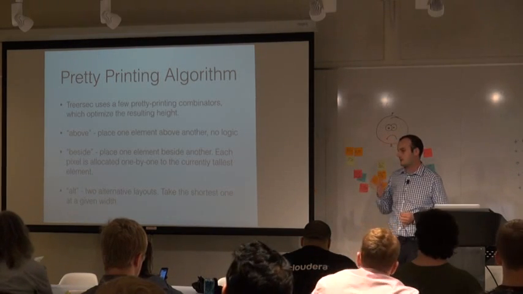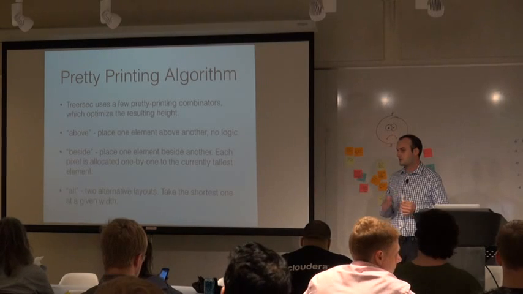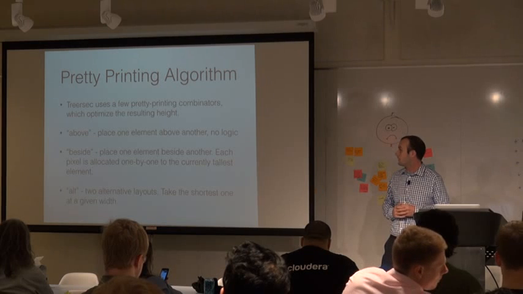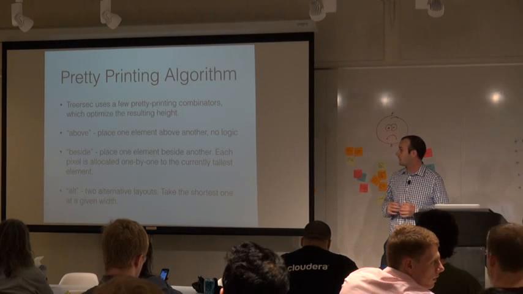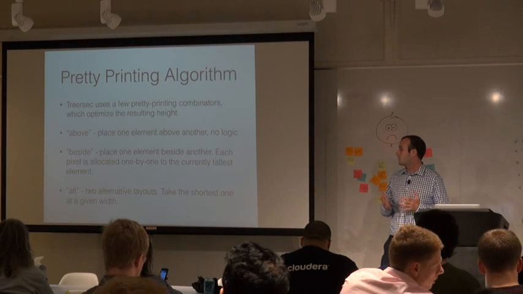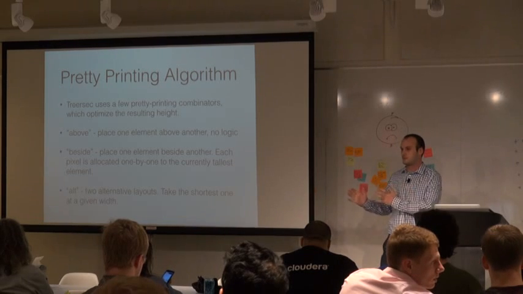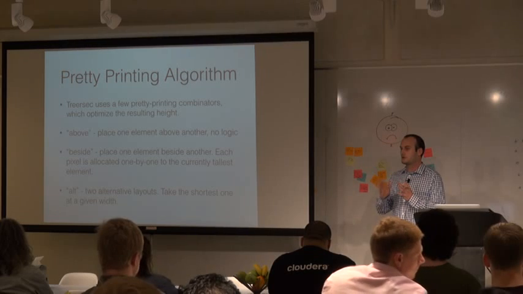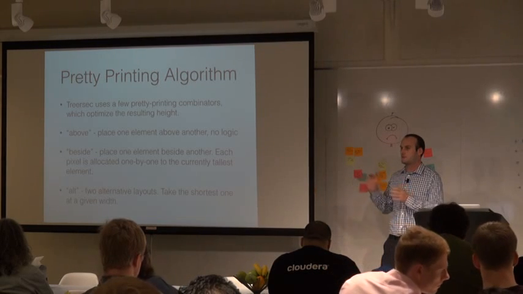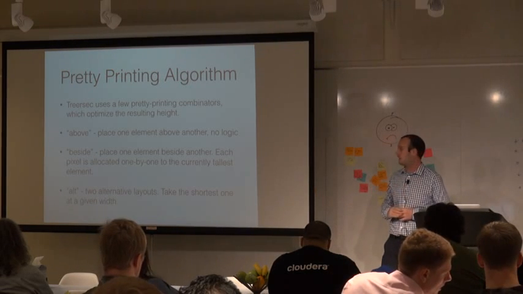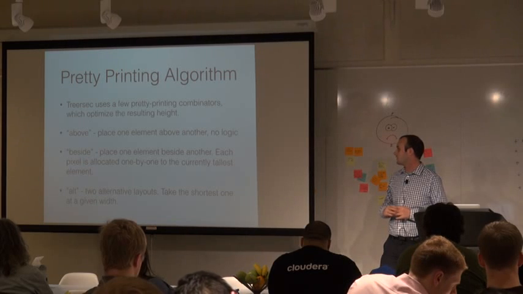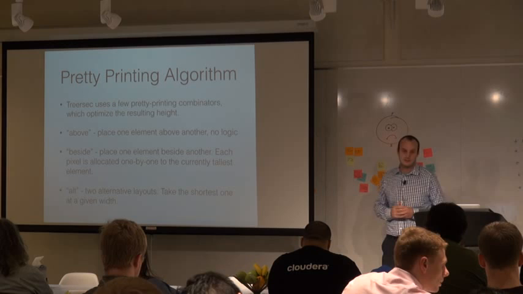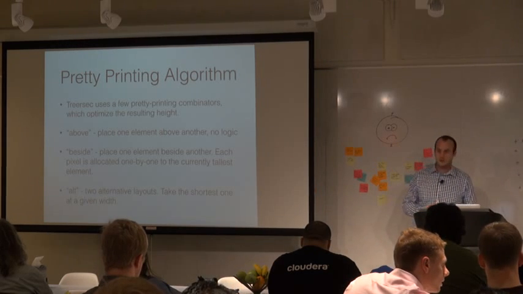I just have a list of the optimal layout at a given width, and then a few combinators where when you place two things beside each other, it goes through the list of widths and pairs together the ones which have similar heights, so that generally you minimize the total height. I think that's a good heuristic for code that doesn't look too bad.